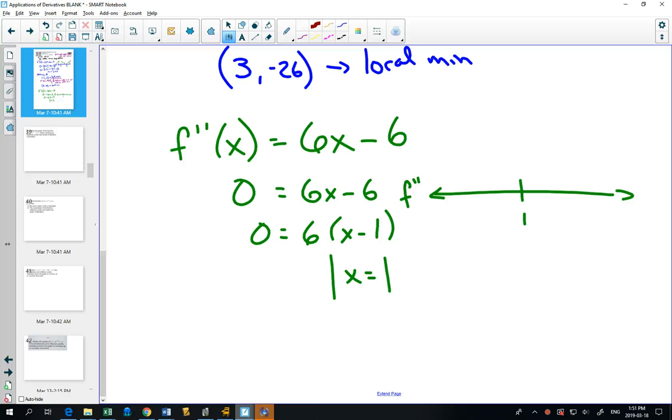So again, beside that number line, I wrote f double prime to remind myself I have to plug things into my second derivative now. A number less than 1 would be 0. If I plug 0 into my second derivative, it's negative. If I plug a number larger than 1 into my second derivative, like 10, I get a positive value.